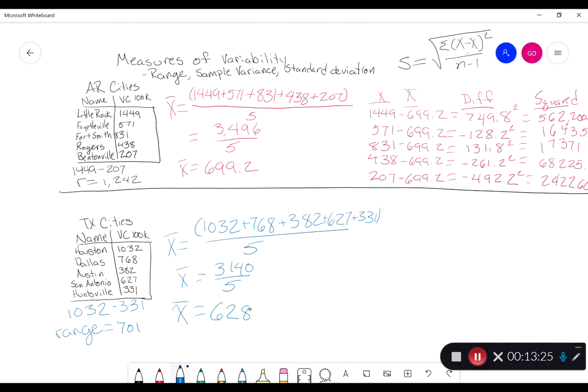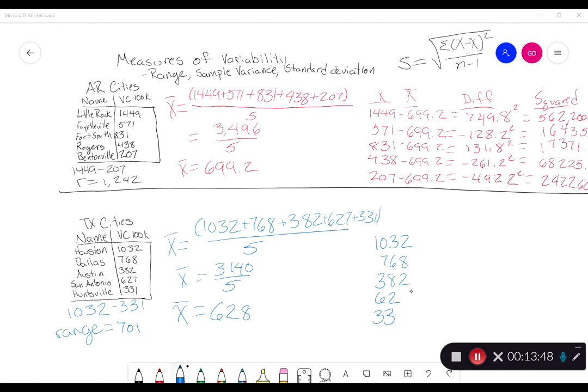So now that we have our mean, we can come over here and calculate the difference between our value minus the mean. So I'm going to bring these numbers over again, similar to above. So 1,032, 768, 382, 627, and 331.